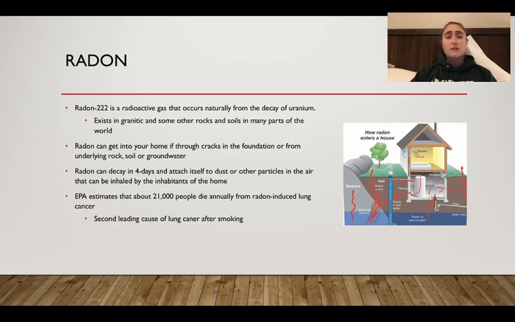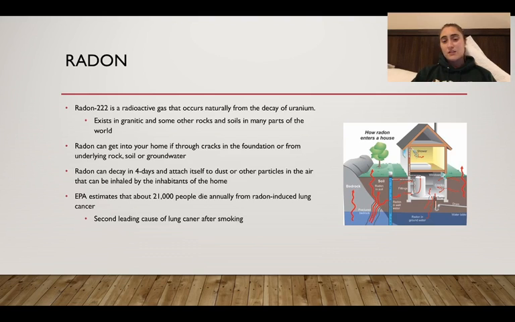Okay, radon. Radon is a radioactive gas. It's a natural part of the natural decay process of uranium, and we know uranium is naturally abundant in our soils, rocks, things like that. So radon is something that in its gaseous state can seep upward. It can go into your house through cracks in your foundation from rock or soil, or even groundwater if your house is sitting on a large supply of groundwater.